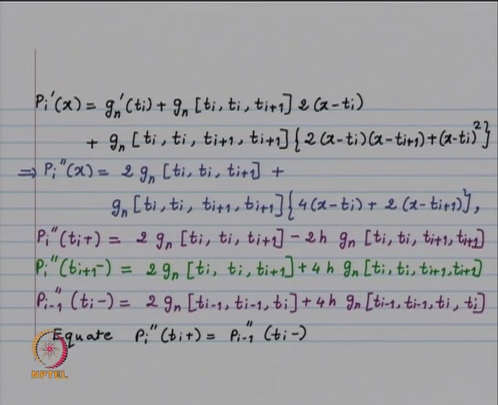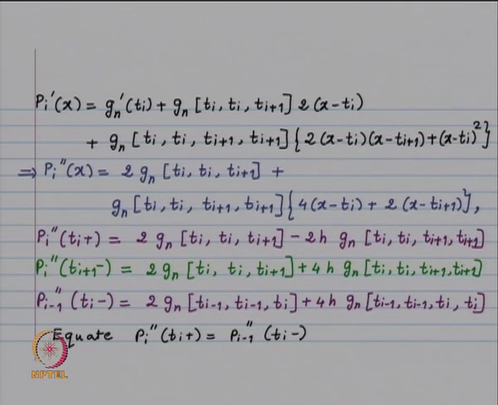The value of p_i double dash at t_i from the right is given by putting x equal to t_i. When you do that, you get the expression on the right. The term x minus t_i vanishes, and x minus t_{i+1}, that is t_i minus t_{i+1}, gives us minus h.